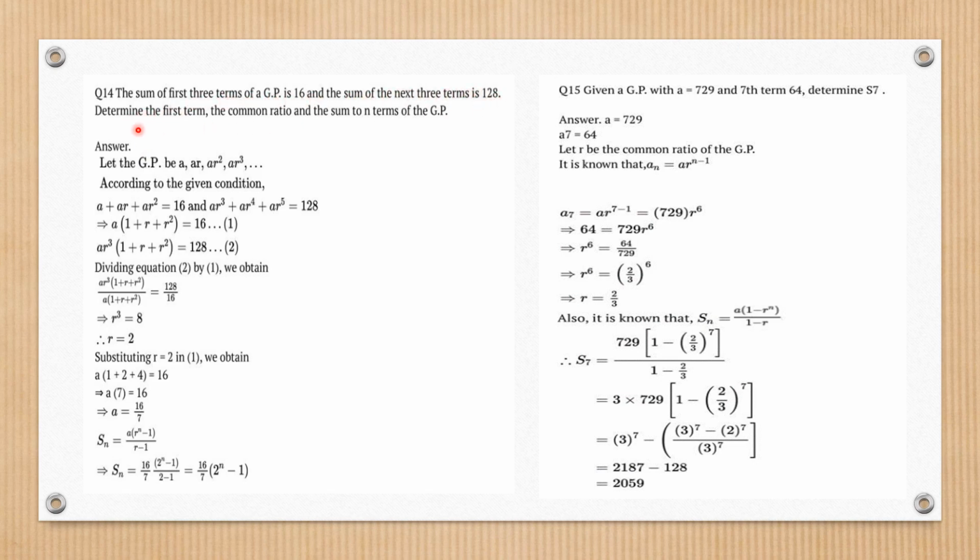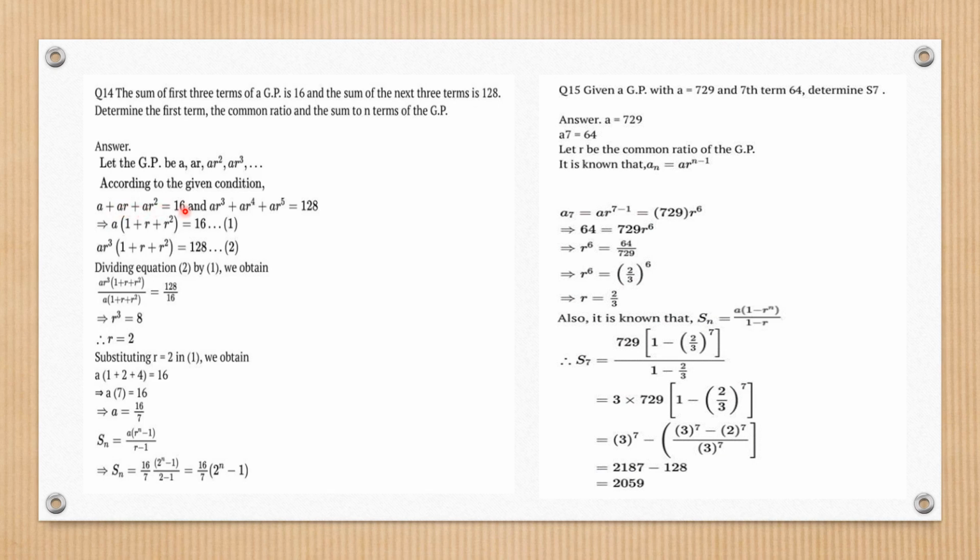Number 14: the sum of first 3 terms of a GP is 16 and the sum of the next 3 terms is 128. Determine the first term, the common ratio, and the sum to n terms of the GP. Now here I think the product is not given, so it is better if I go simply by this also. So the first 3 terms here are A, AR, AR square. This is the general GP, and the first 3 terms sum is A plus AR plus AR square, that is 16.